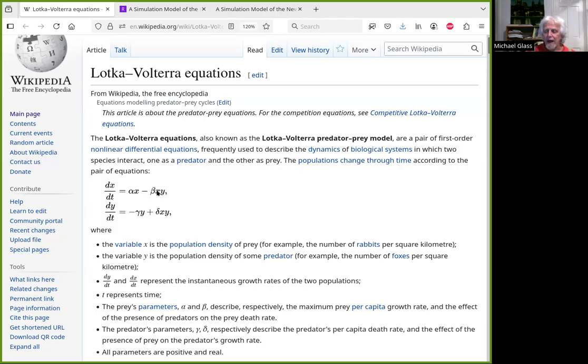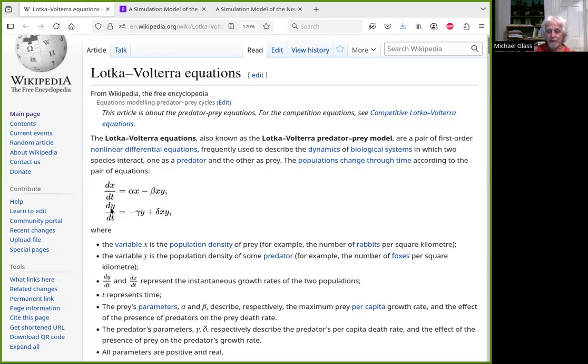And then there's how often rabbits encounter foxes. The rabbit density times the fox density gives us a density of rabbit-fox interactions, and that's negative. That decreases the number of rabbits with time. So that's the simple differential equation for the number of rabbits.